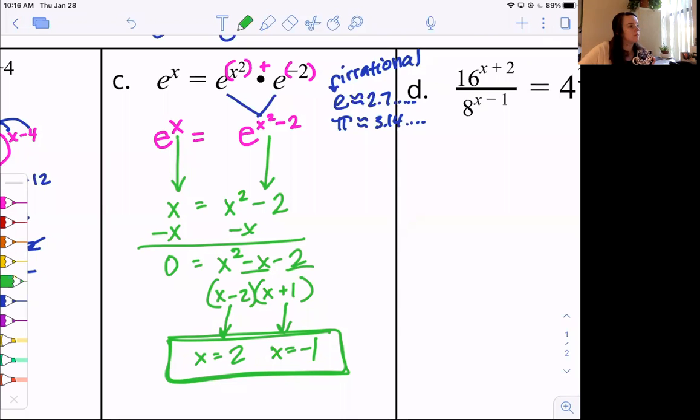Cool. All right. We'll share here. You've got mostly 4s, 3s, and 5s. All right, let's do the last one.